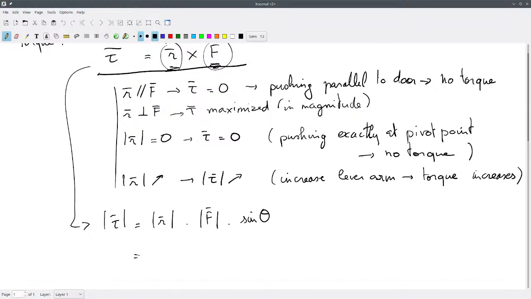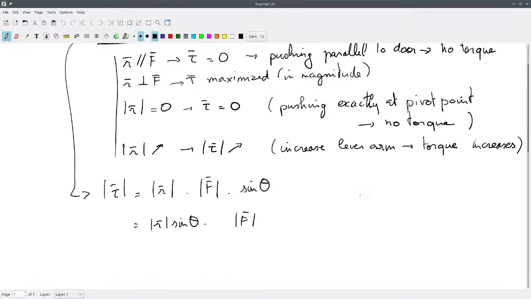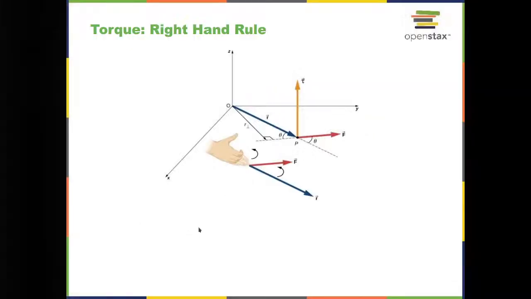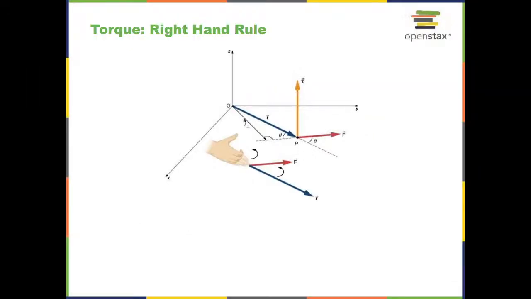So we can write this also as r sine theta times the magnitude of the force, and that we can then write as r perpendicular times the force. This is r perpendicular because you'll see that this is actually that angle. So the magnitude of r times the sine of theta gives us this opposite side here, perpendicular.